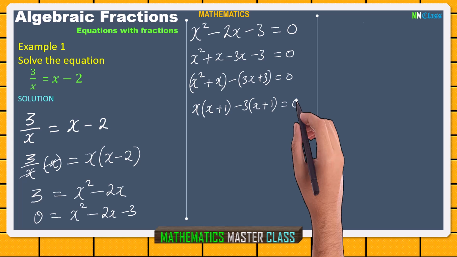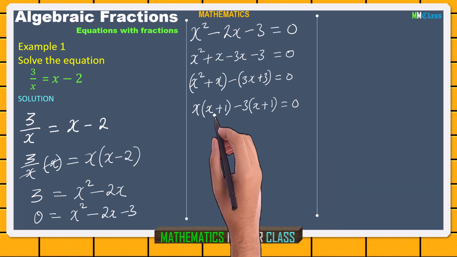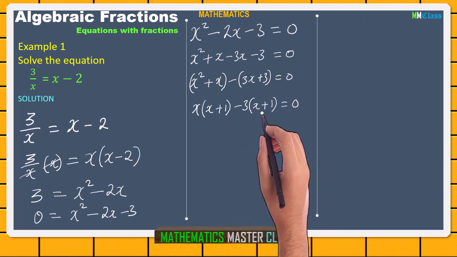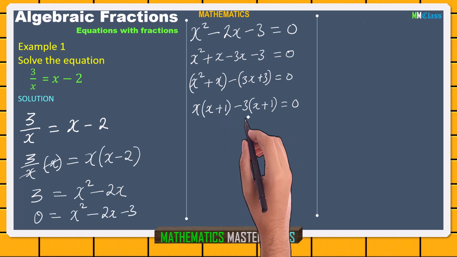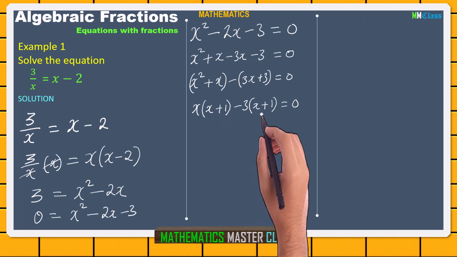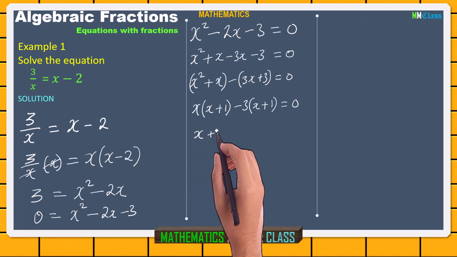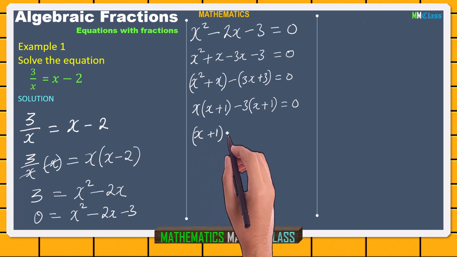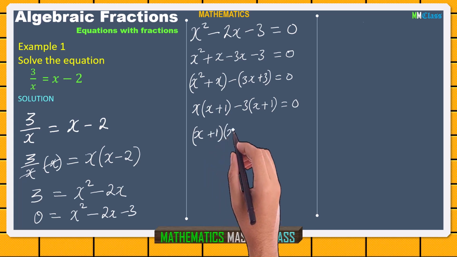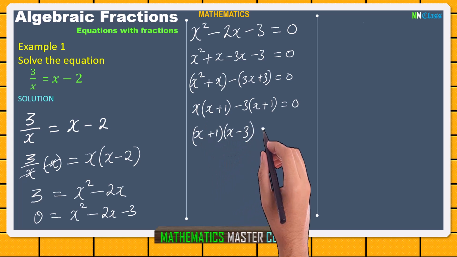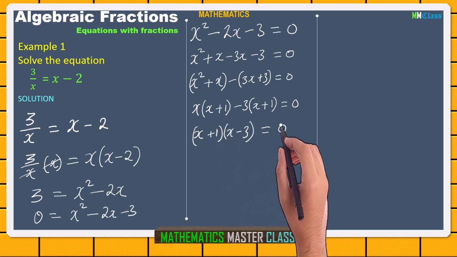And you know, in factorization, what we are looking for is to have a similar thing in the bracket. We now have it. x plus 1 is common. We bring it out. So this will give us x plus 1, close brackets, then x minus 3 is equal to 0.